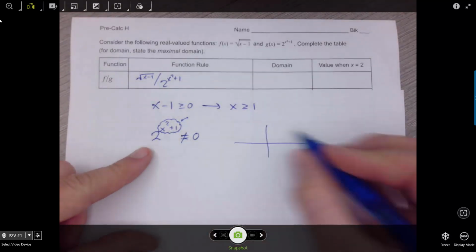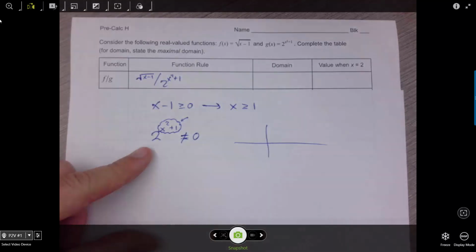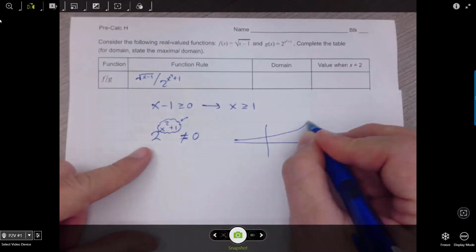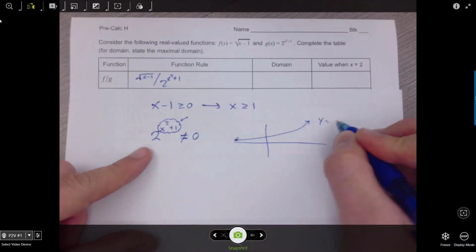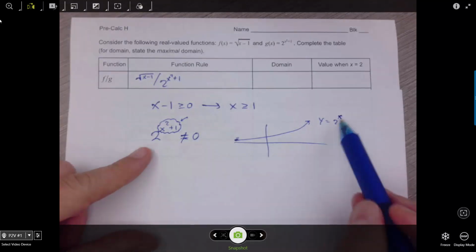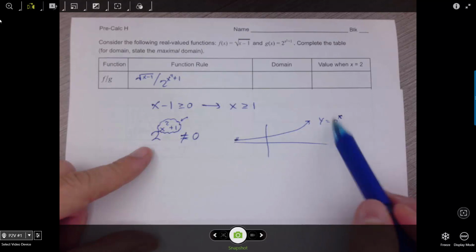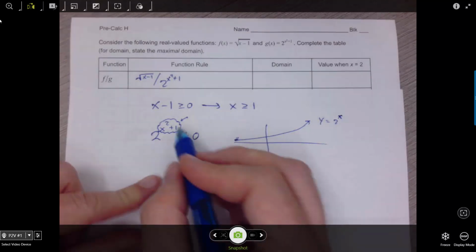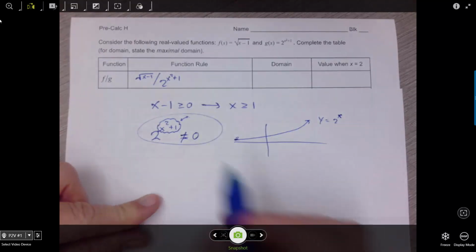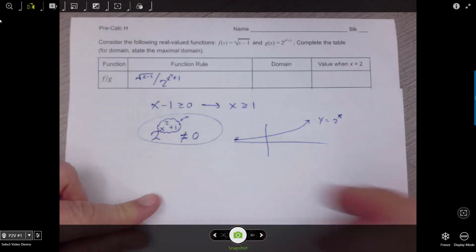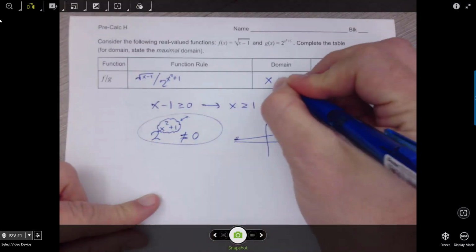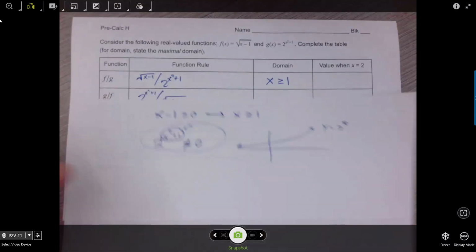And I know that either just thinking about it from what I know about exponentials, or you could think about the graph of y equals 2 to the x. I know that no matter what x is, we never have an x-intercept. So the output is never equal to 0. So in other words, this is not restricting our domain at all. So the only thing that restricts our domain is the numerator there. So we've got x greater than or equal to 1.